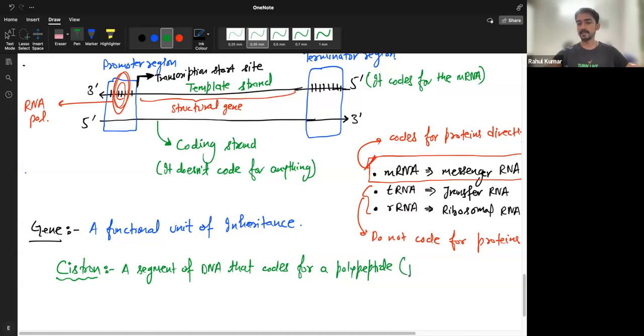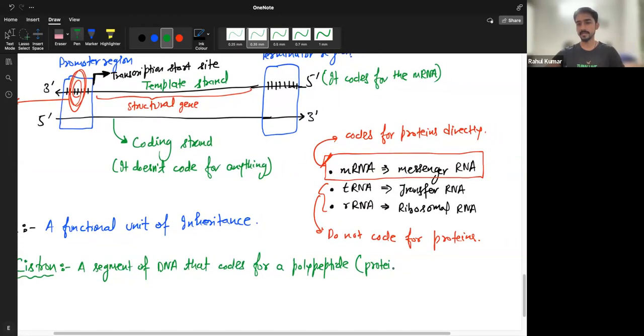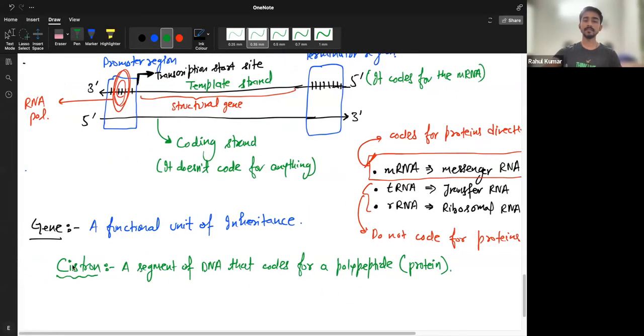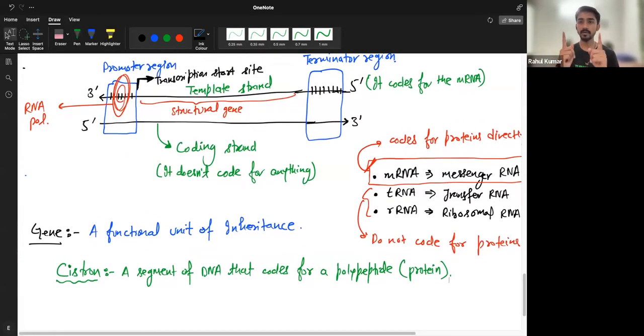Polypeptide simply means protein, just like polynucleotide is DNA or RNA. It's polypeptide, which means if you are transcribing a cistron, then you will make mRNA.